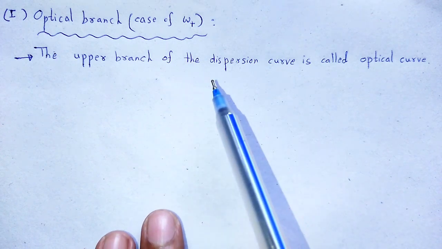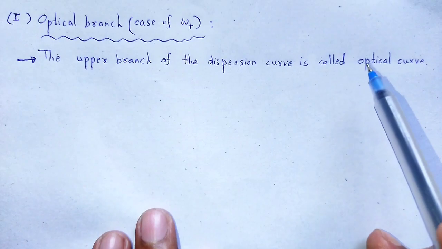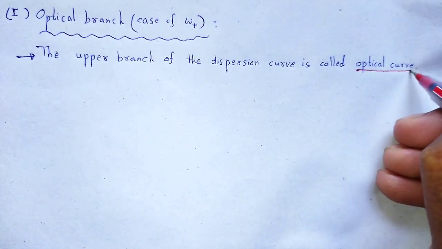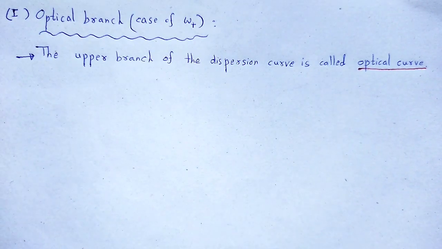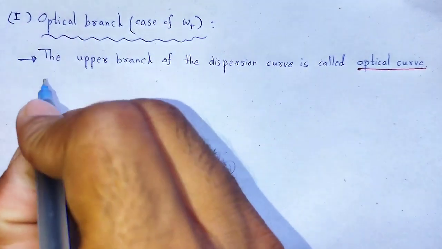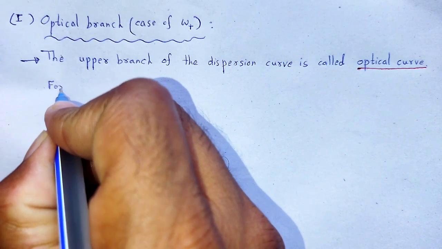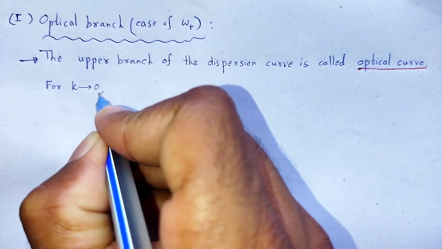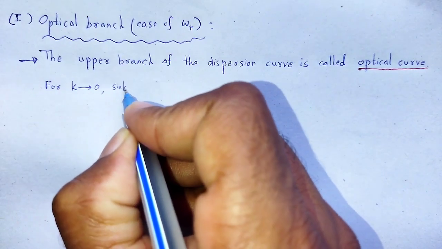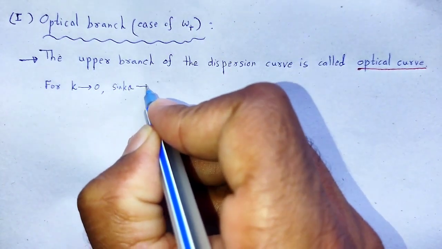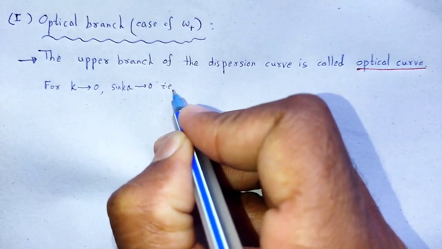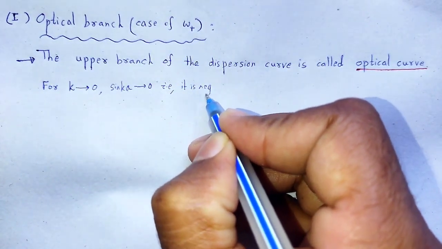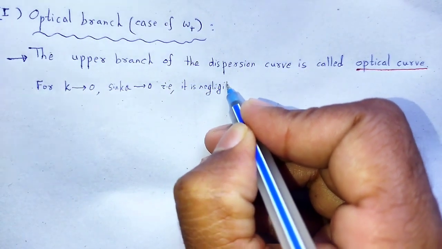The upper branch of the dispersion curve is called the optical curve, as we showed in the figure. For the optical curve, k tends to 0, therefore sin Ka, sin 0 is 0, that is, its value is negligible.